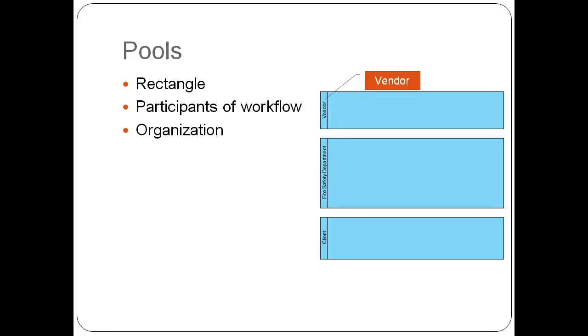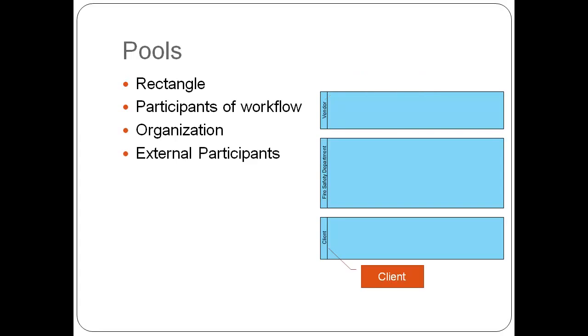And usually we use the pool to represent the organization. For example, the vendor is an organization. It's not that an organization always means a pool, but it is quite typical to organize in this way. And they are external participants, not internal.